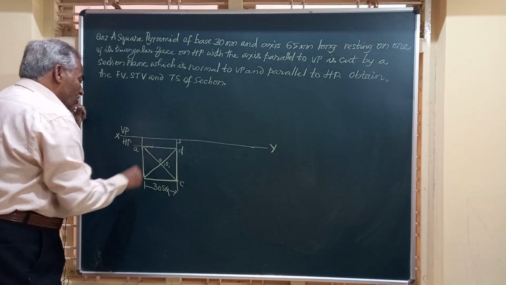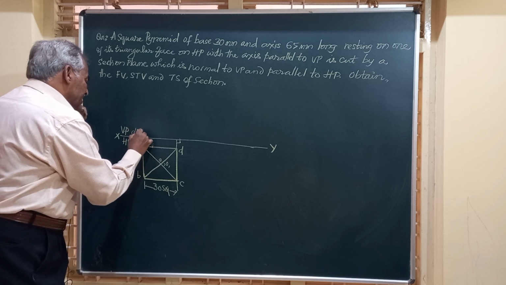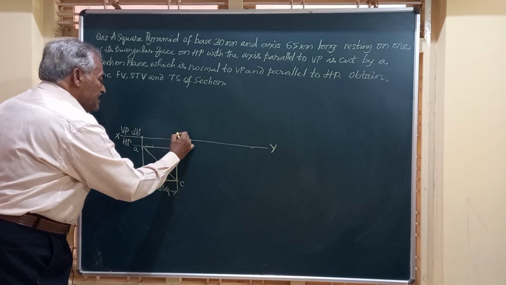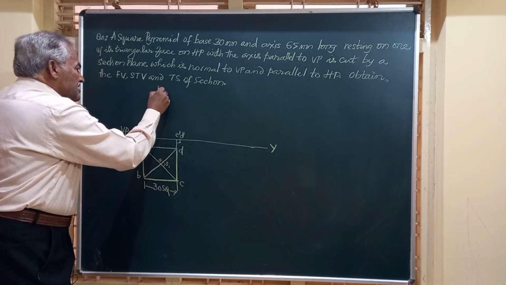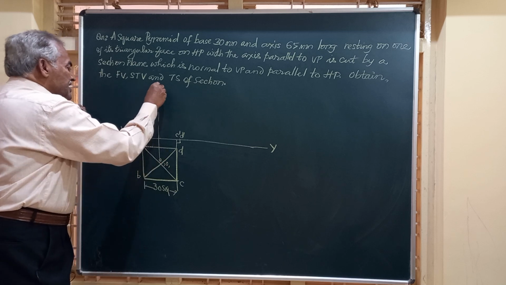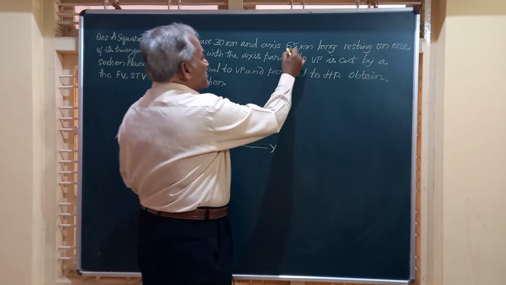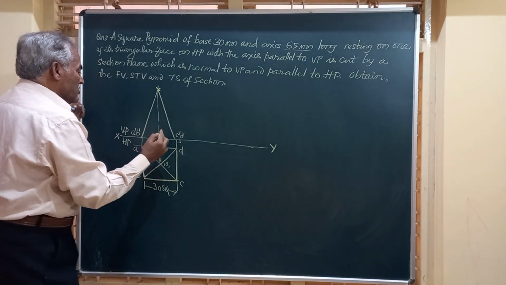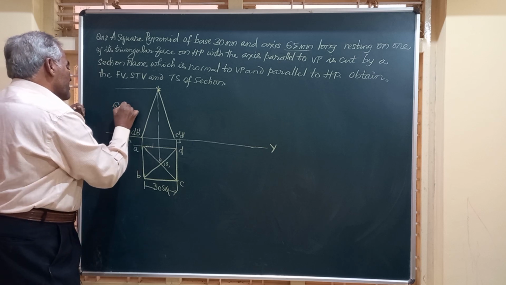We will project all these points and obtain A dash, B dash, one of the sides here. This is C dash, D dash. You locate the vertex of the solid which is at a height of 70 millimeter. They have given you, sorry, it is 65 millimeter. So this height of the solid is 65 mm.